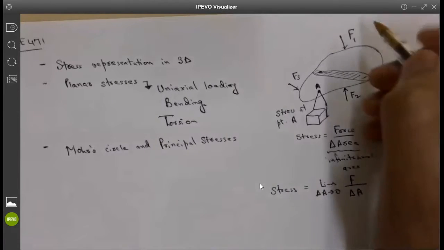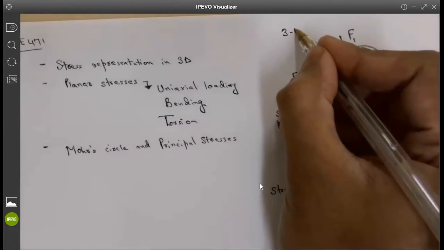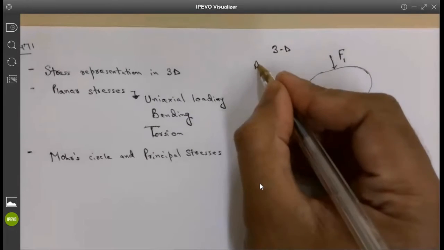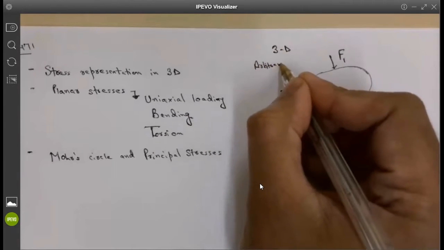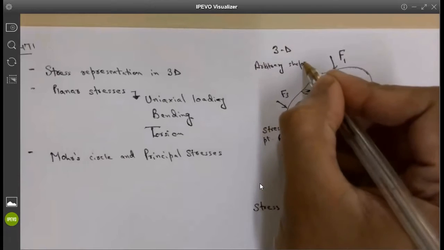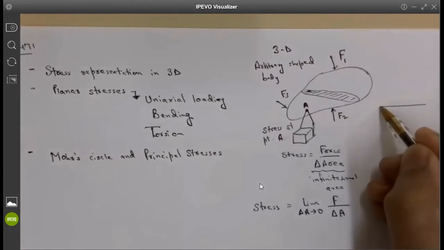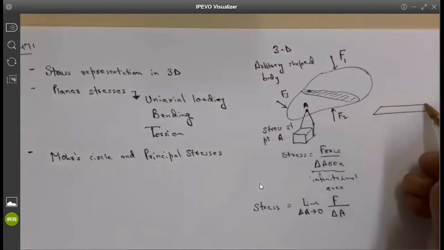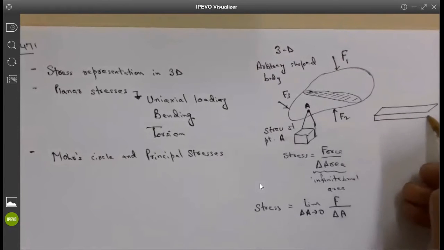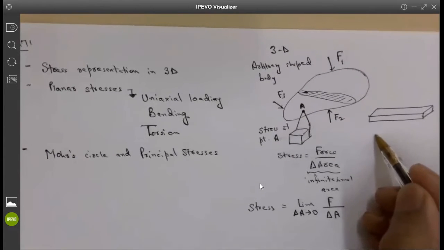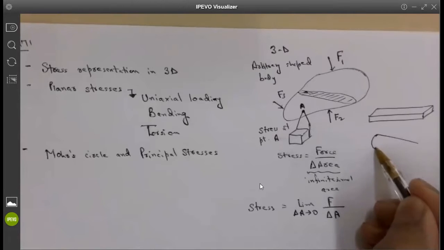So it is a 3-dimensional arbitrary shaped body, and it can take the form of a prismatic body, which is a uniaxial bar. It can take the shape of a shaft, a transmission shaft.